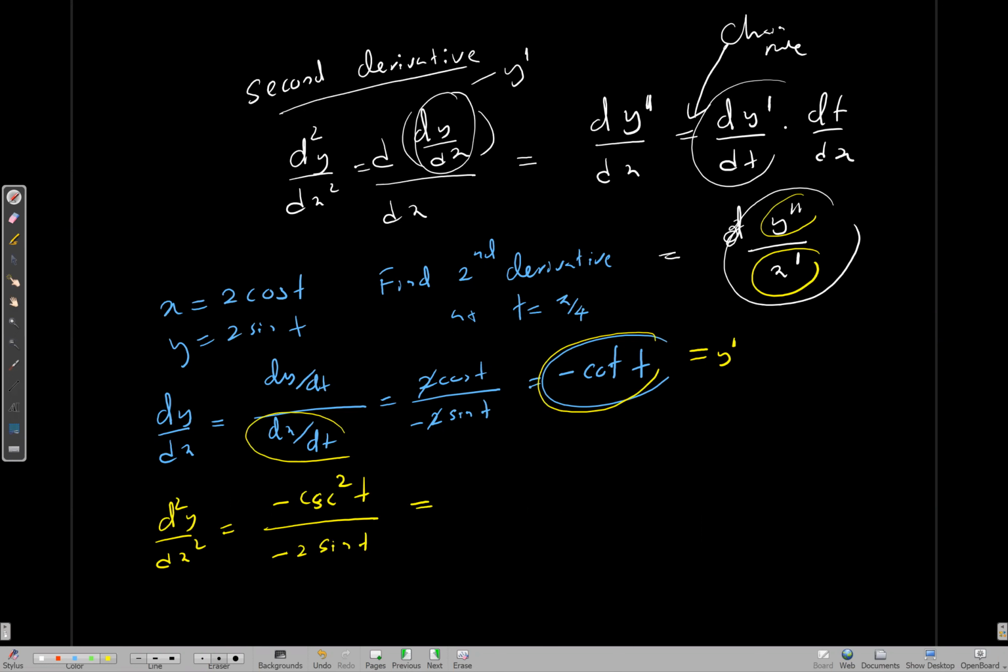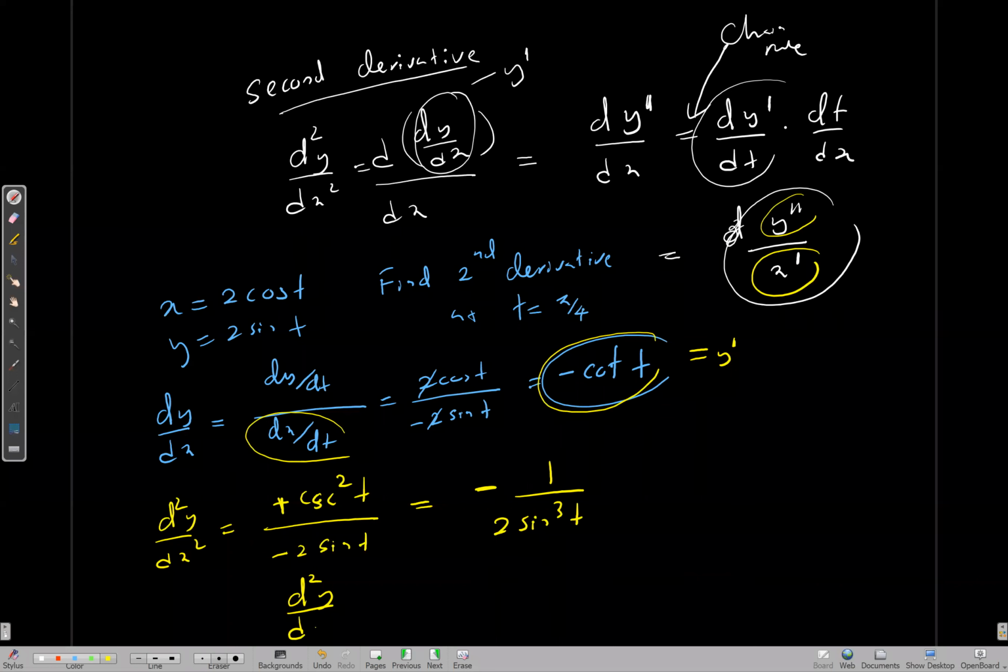Sorry, I made a mistake. Cotangent, when you differentiate, the derivative is negative cosecant squared, so with the negative in front it is positive. So now the negatives cancel, and when you take cosecant down, you have 1 over 2 sine cubed t. So that's the answer actually.